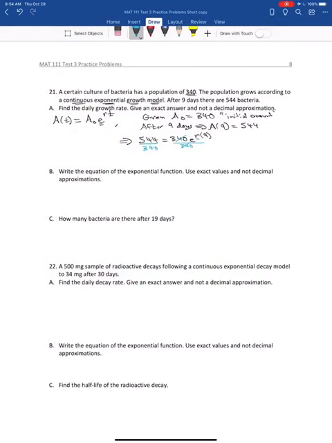Maybe we should make that note here on the side: isolate exponential term. Now our equation reads 544 over 340 equal to e to the r times 9, or 9r.